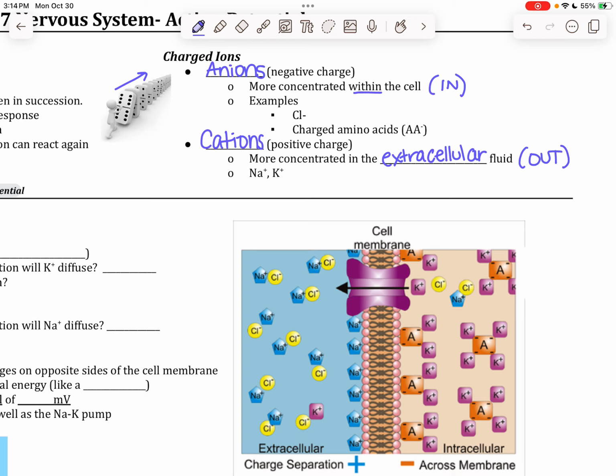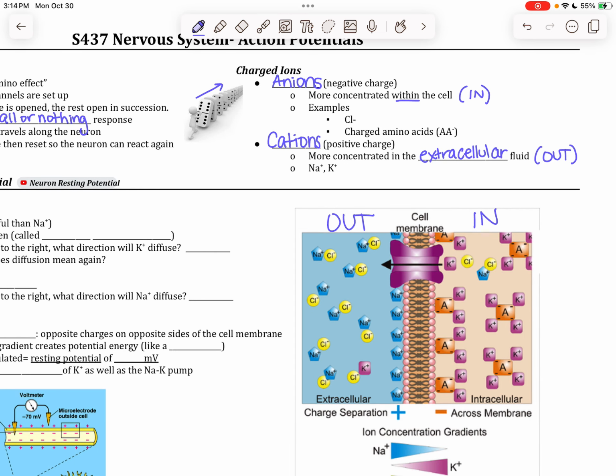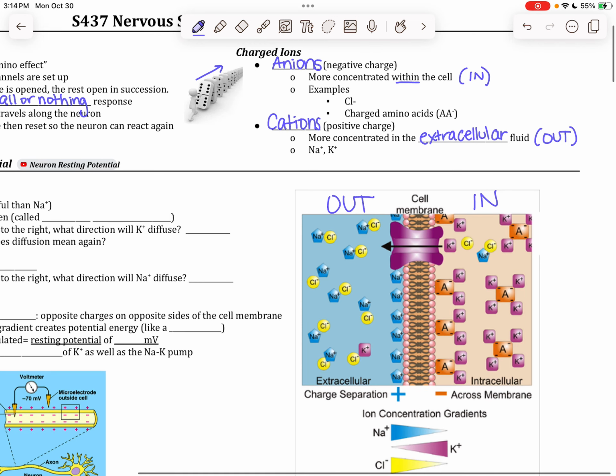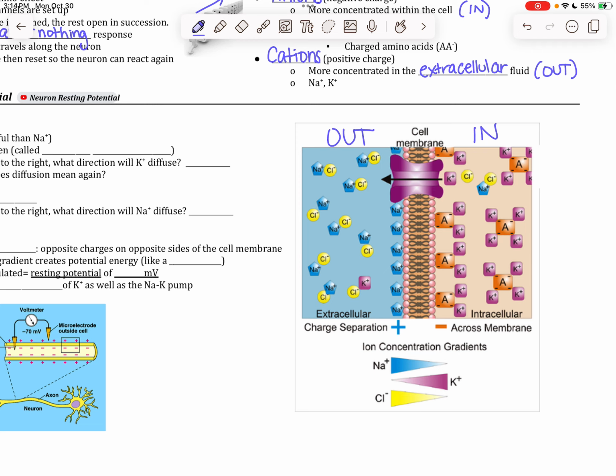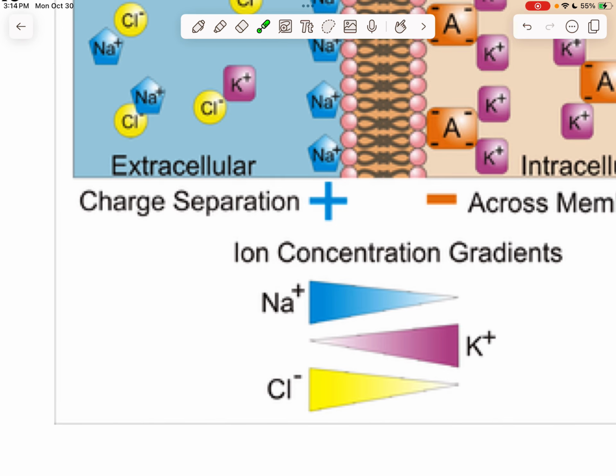Examples are going to be sodium and potassium. You can see this is outside the neuron, and this is in, and at rest, these are the way they are. It says overall charge is positive at rest outside, and overall charge is negative inside. Then you can see the concentration gradients of each ion.